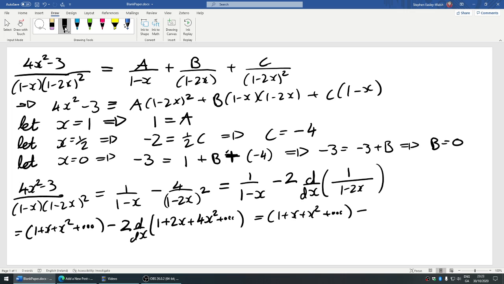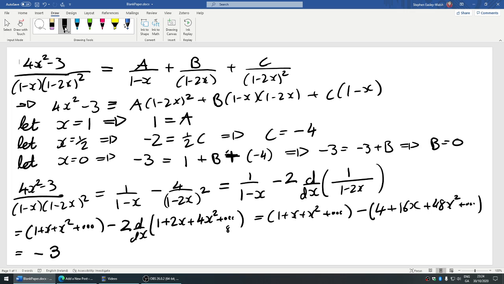That's gone. That's 2 times minus 2 is minus 4. Maybe I'll leave the minus outside, so it's 4. That becomes 8x times 2 is 16x. The next one would have been 8x cubed, so it would have been 24x squared, so that would have been 48x squared, etc. Okay, so that's 1 minus 4 is minus 3.